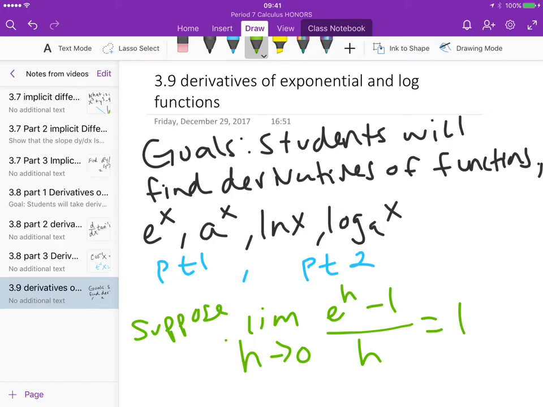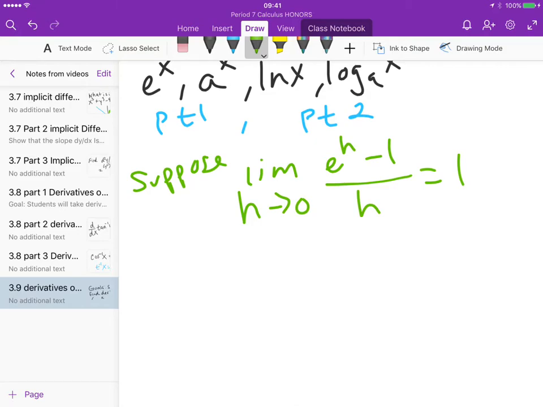Let's start off with a recap. If you remember back to the pre-calculus days, we talked about the function y equals e to the x. Let me just put it off to the side here: y equals e to the x.